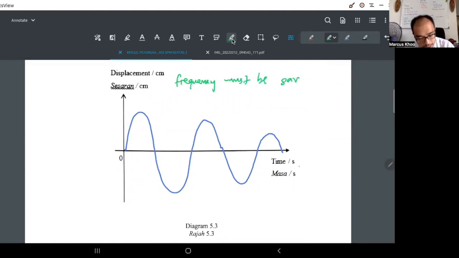So the distance from here to here, this distance and this distance, must be about the same. Oh, sorry. Astaga. Here, sorry. From one cycle to the next cycle, the distance must be the same.